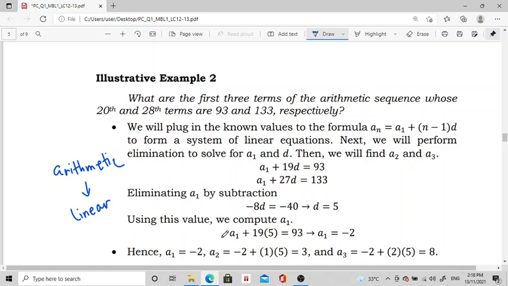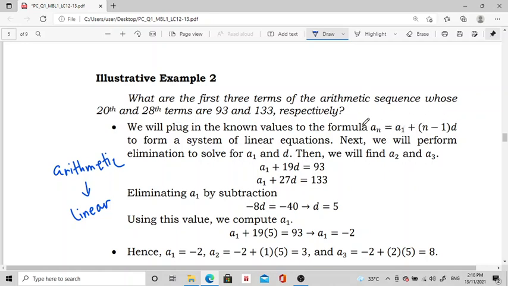So with that idea, we will form a system of linear equations to find the values of A1 and D. So we will use this formula.